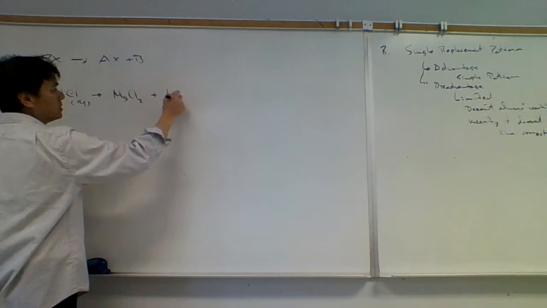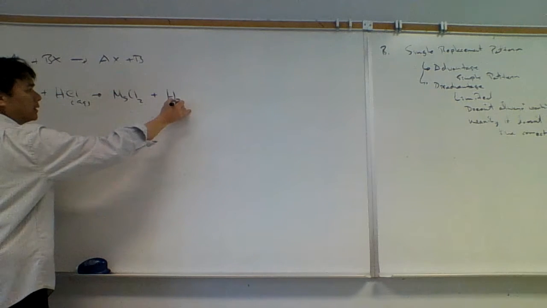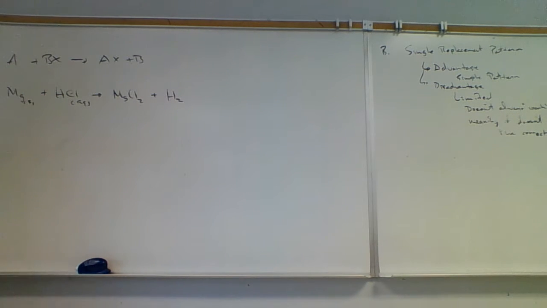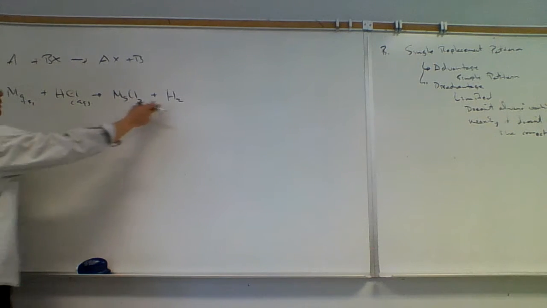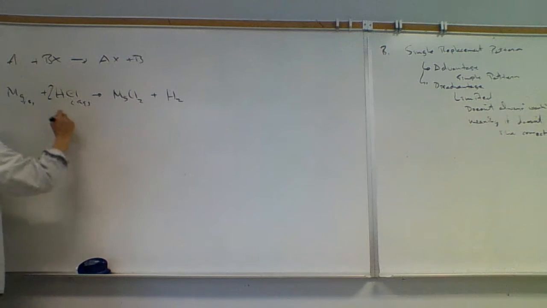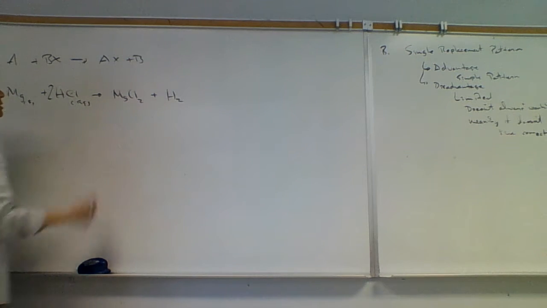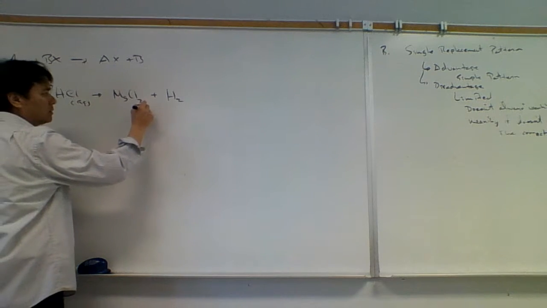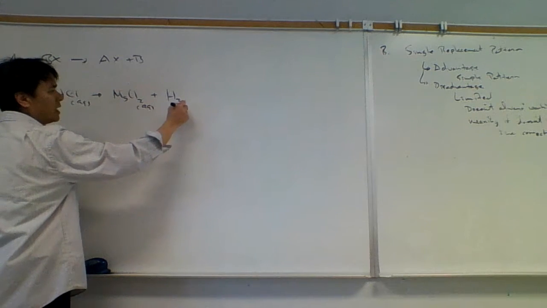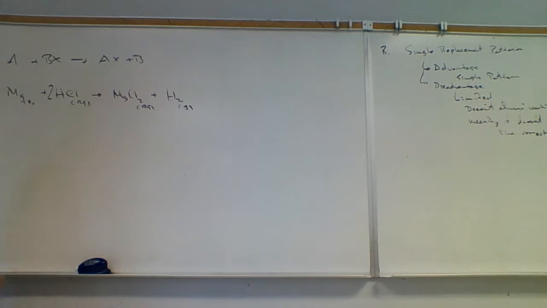And then hydrogen's a diatomic, so we're going to do diatomic here. So we get magnesium chloride and hydrogen. And then what we have to do is balance this. We don't care about balancing it here, we just want the correct formulas. So we're going to need 2 HCl's. If we have 2 HCl's, then it's balanced. Then we write in the states. Chlorides are all soluble except for silver, lead, mercury. Hydrogen's a gas.